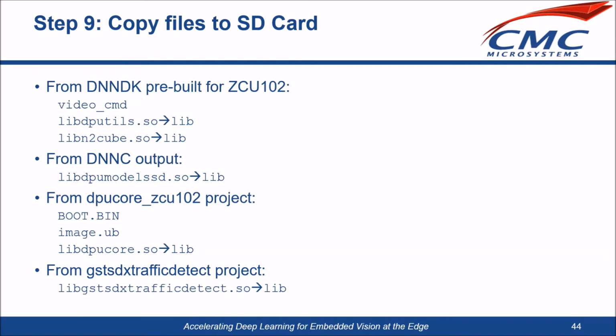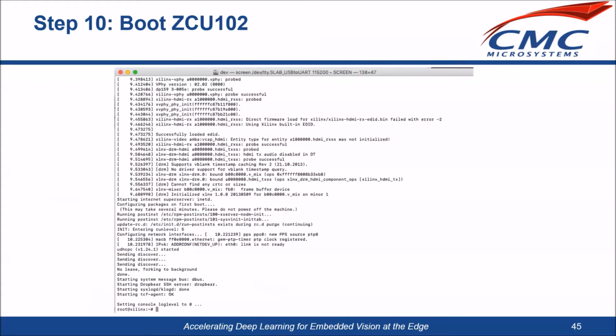From the DPU core hardware project, you copy the boot image as well as the library file for the DPU core, and then you also copy the shared library file for the traffic detection Gstreamer plugin. These are copied onto the SD card and plugged into the ZCU102 board, and the board boots with a Linux image.